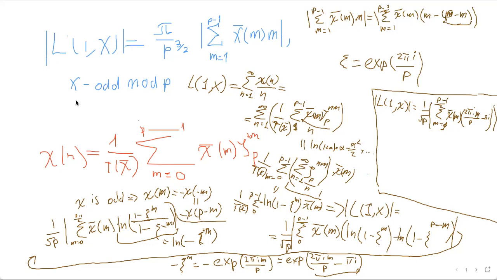So I need to close brackets because it looks very different. I think we have a formula like here. If we don't have minus pi i, it's exactly this formula without minus pi i.